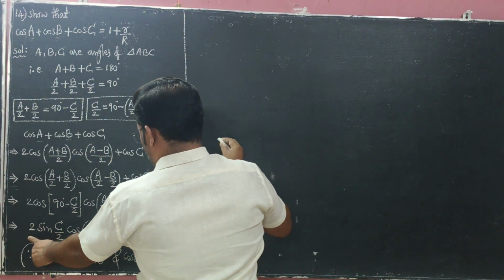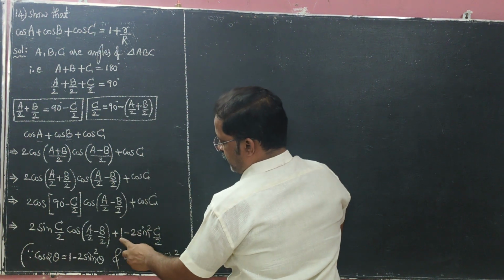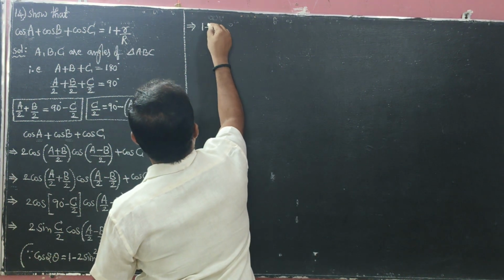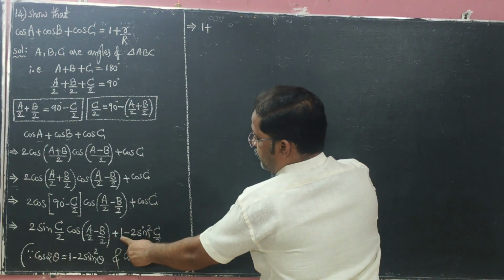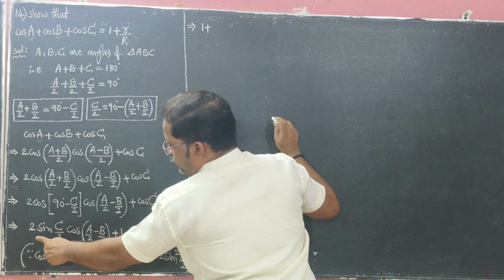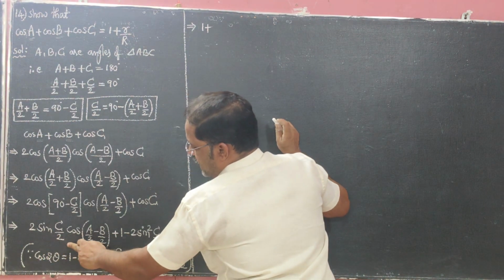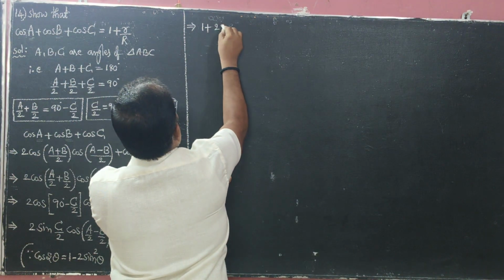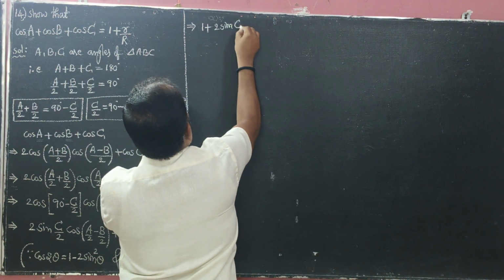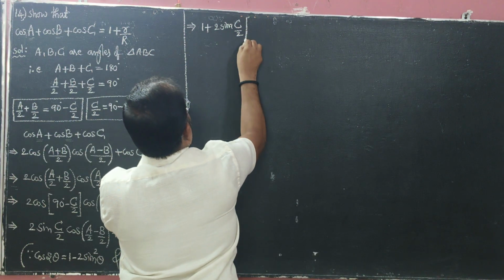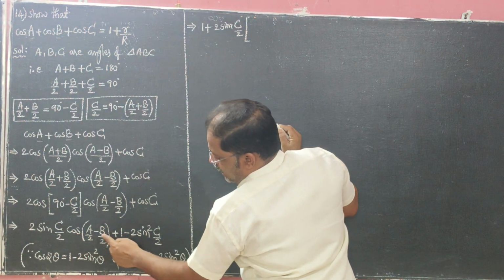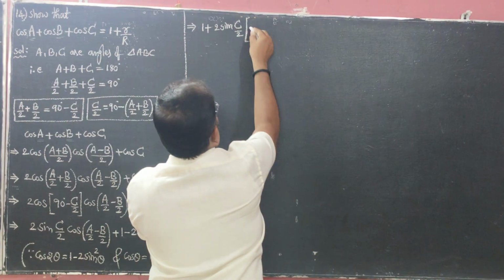Now write plus 1 first of all. So 1 is completed. From the remaining two terms, 2 sin C by 2 is common. So with 2 sin C by 2 common, what remains is cos of A by 2 minus B by 2.